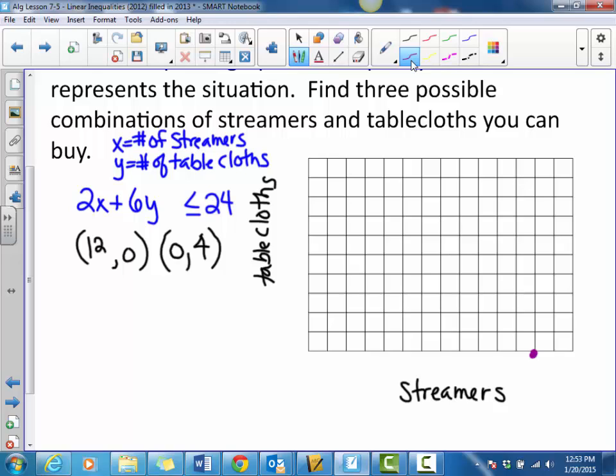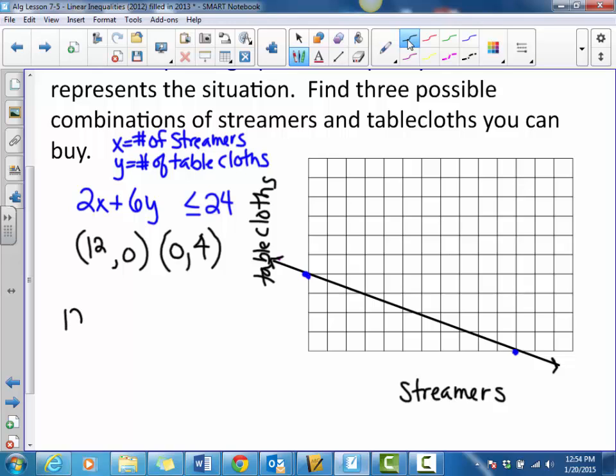Then 1, 2, 3, 4, so 0, 4 for tablecloths, and it was a solid line because of the less than or equal to. I'm going to use my line tool so I get a nice straight line for us. That's excellent. That's perfect. So that's where 12 was. This was 4.